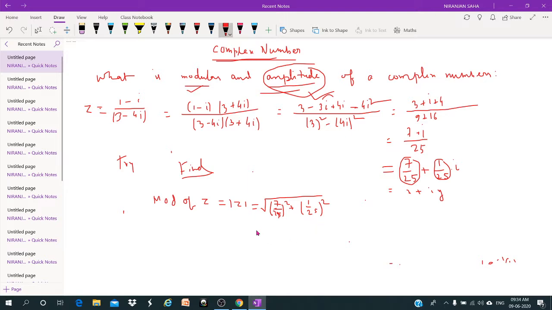So if we add, this will be root over 49 by 625 plus 1 by 625.